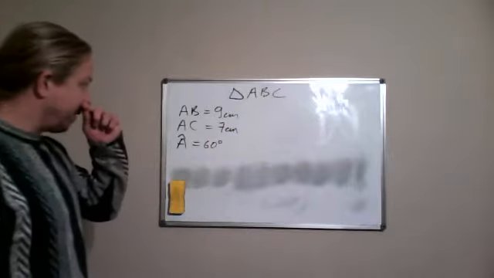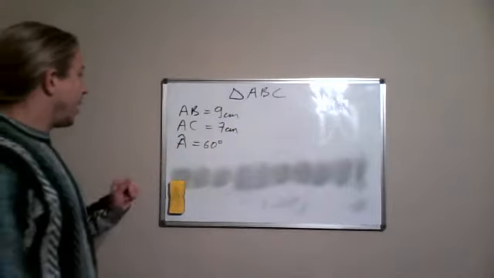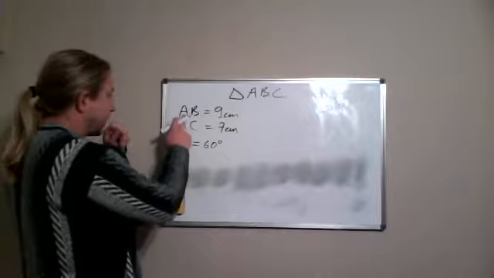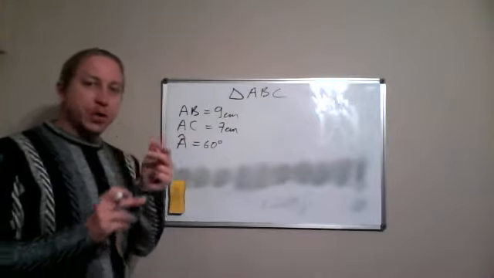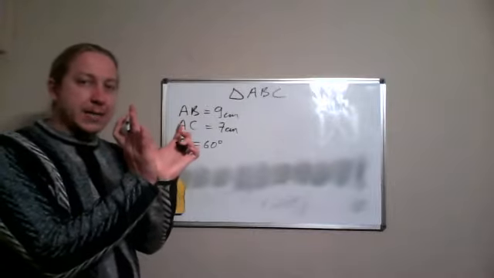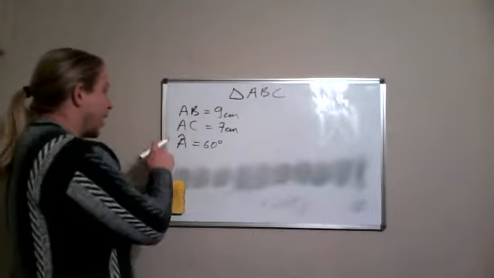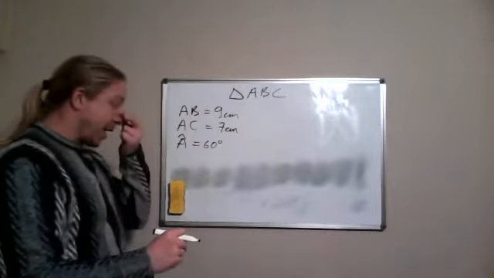Okay, so that's the info that we have. All right, so we got both of the sides matching up with A, meaning that we can do this triangle because it's two sides coming from angle A. So AB and AC from angle A.